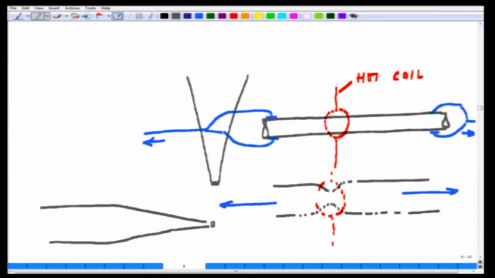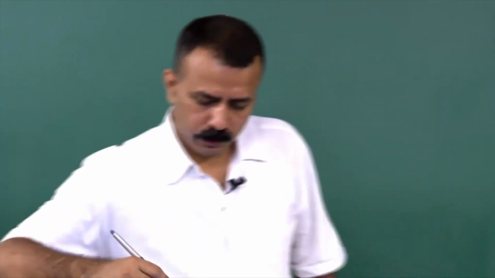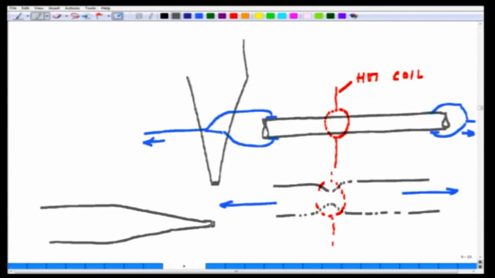Depending on the strength of the pull, you will land up with a narrow bore or a thick bore glass pipette like this. This is what I was trying to draw here.